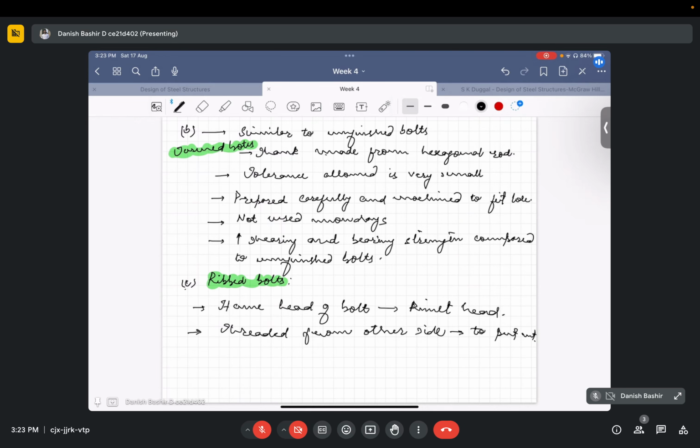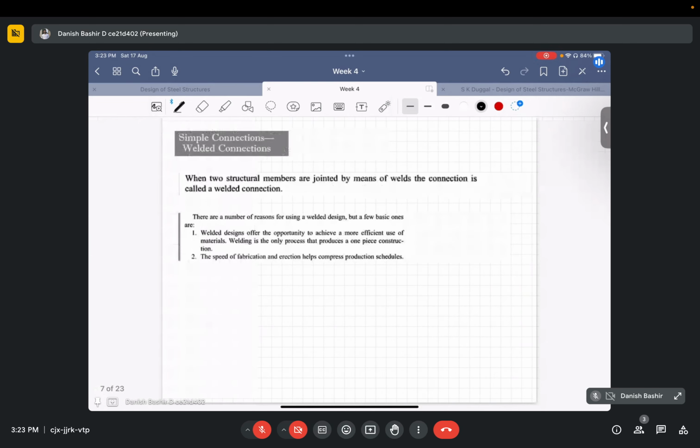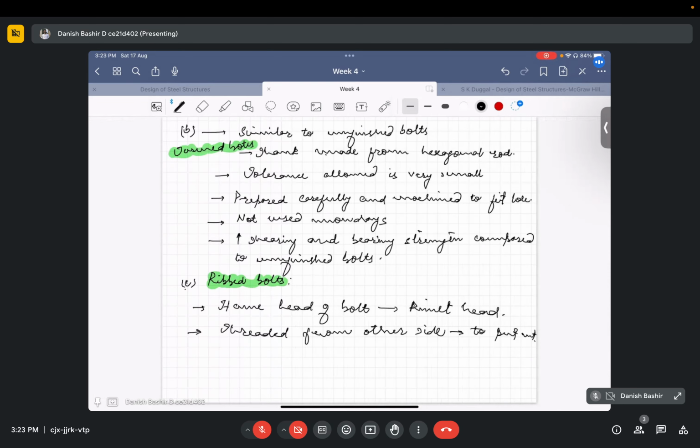Then after rivet bolts, we have high strength bolts. These are one of the common types of bolts that we use.